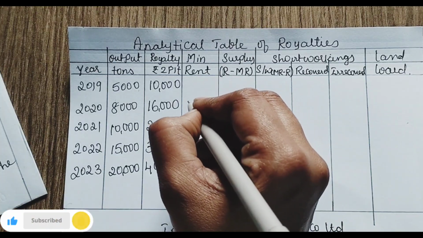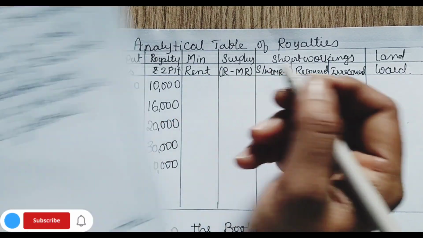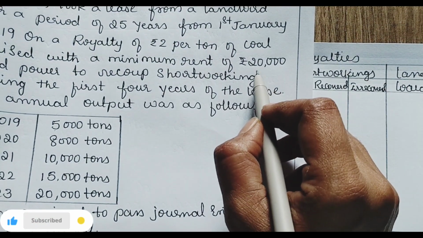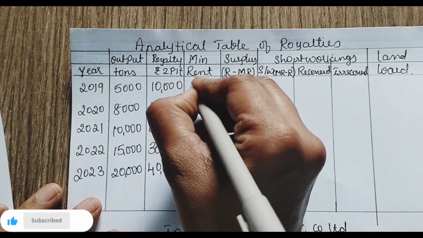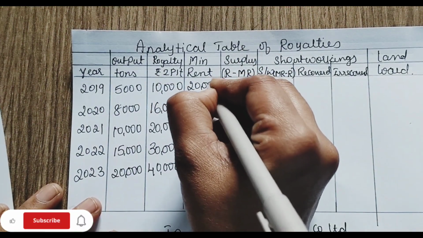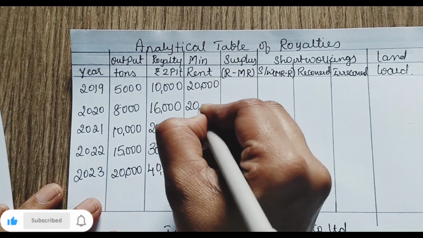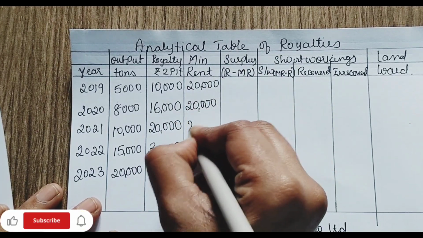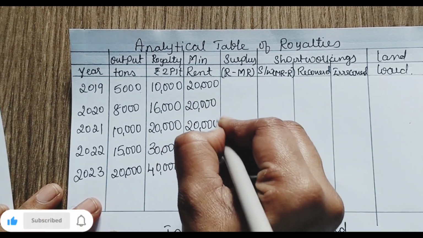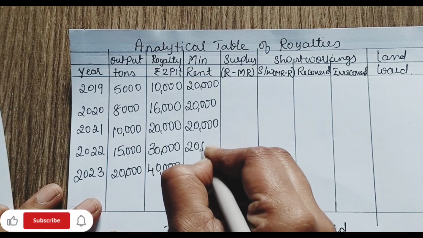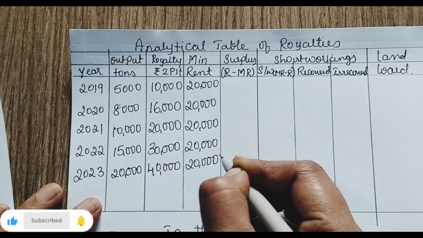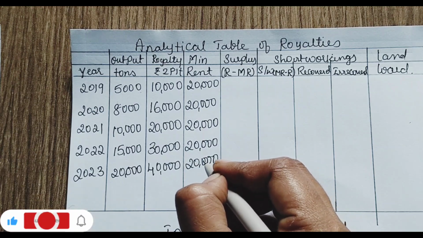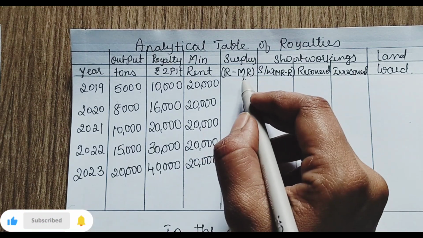Now minimum rent. Minimum rent is given in the question. It is 20,000. It remains the same for all the years, right? So 20,000, 20,000, 20,000, 20,000, 20,000. All the years you are writing the same. That is minimum rent. Now surplus.